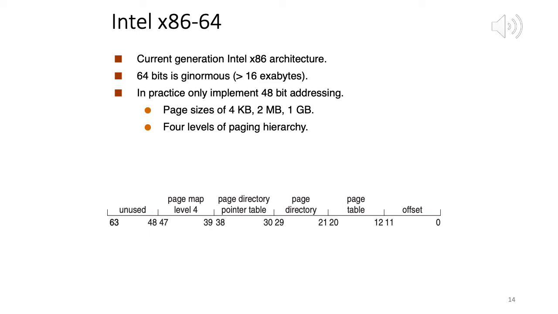So more than 16 exabytes can be accessed. General systems don't have that much memory. So maybe for the future. So in practice, where the 64 bits are not needed, it uses 48-bit addressing.